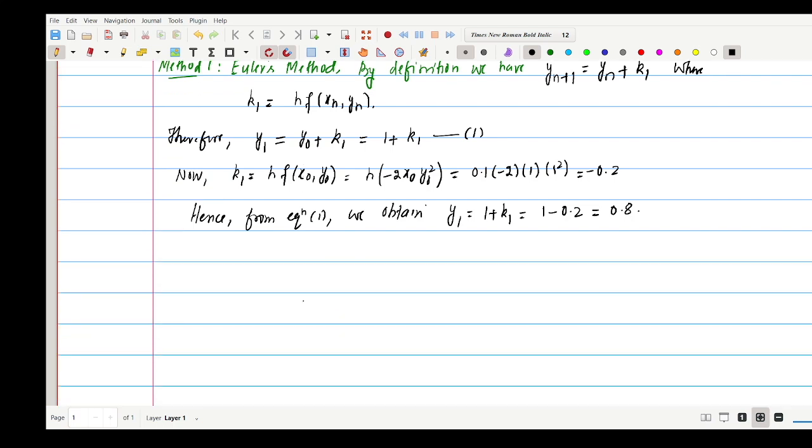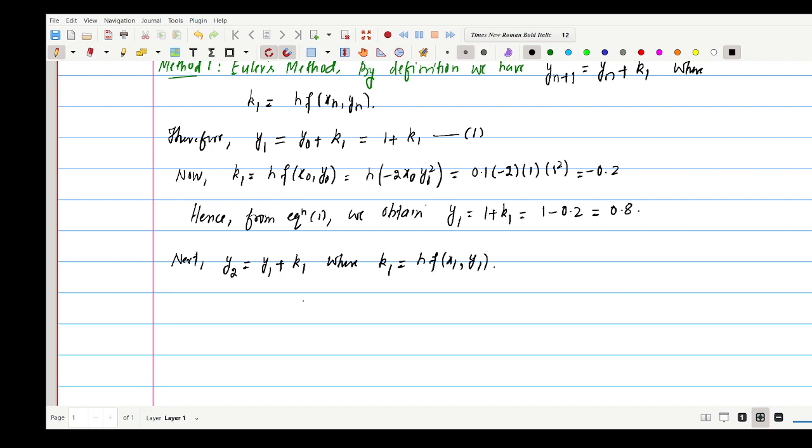Now moving towards defining the second iteration. In order to obtain the second iteration from this formula, we put n equal to 1. So we will get y2 is equal to y1 plus k1, where in k1 we again put n equal to 1, so we get k1 as h f of x1 y1.